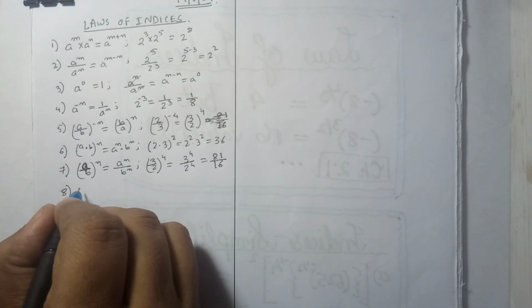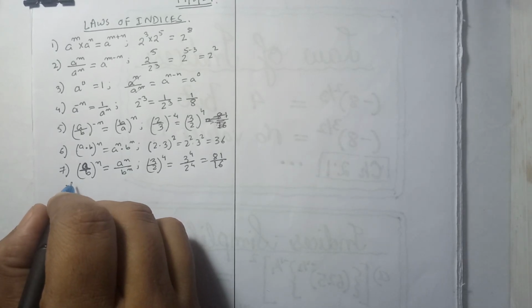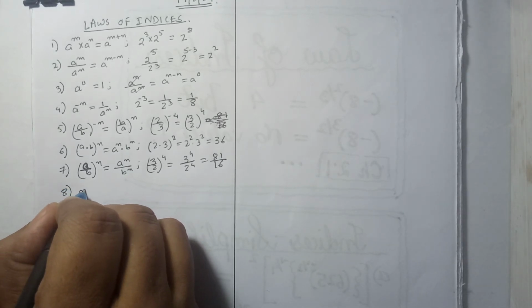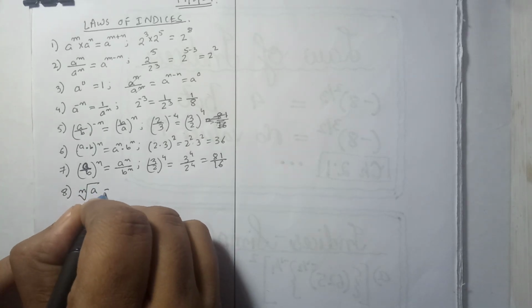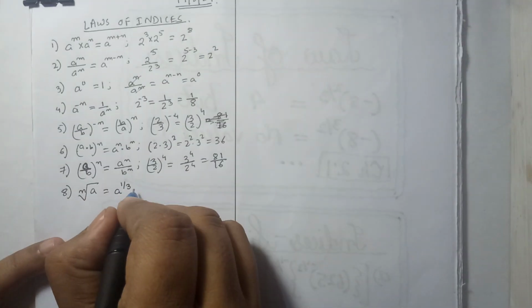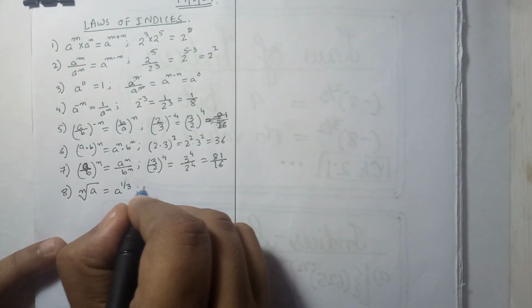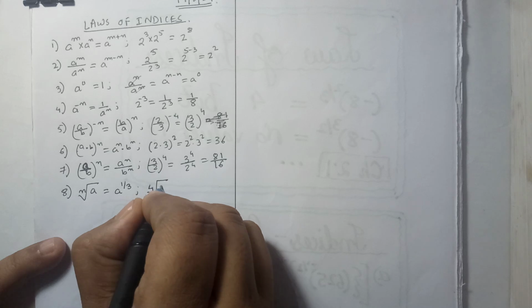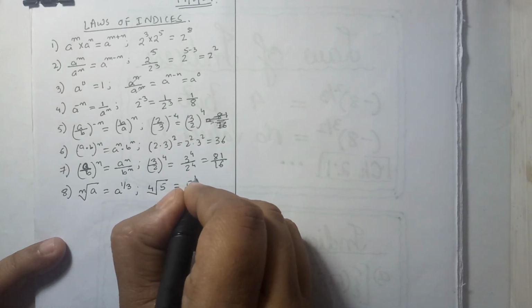The nth root of a can be written as a to the power of 1/n. So I can write this as the 4th root of 5 is 5 to the power of 1/4.